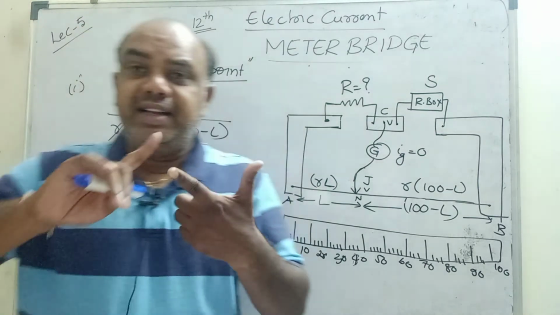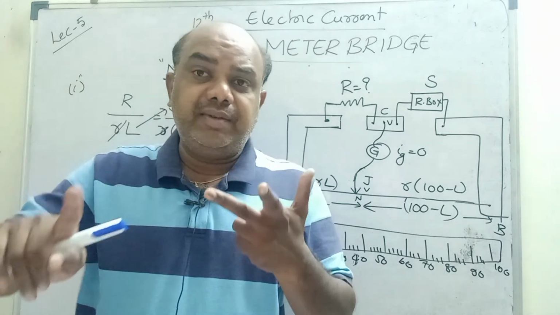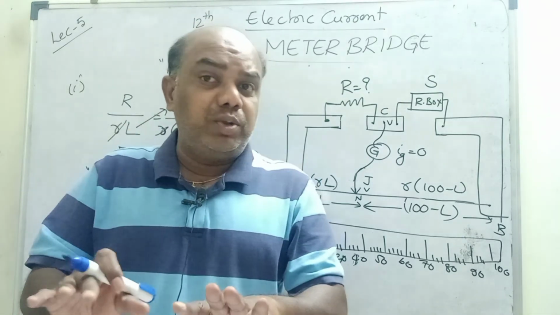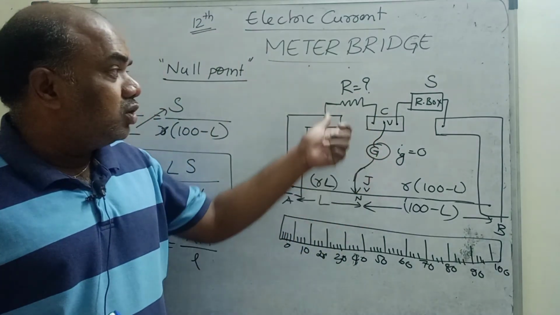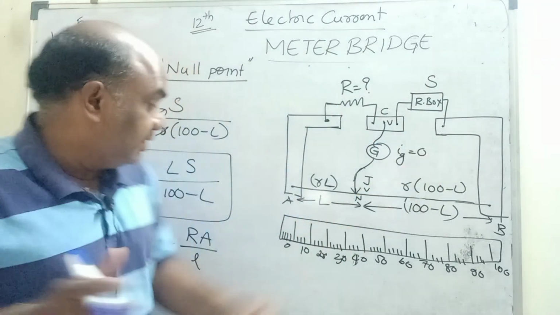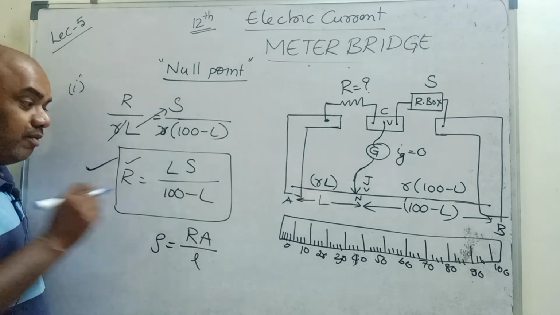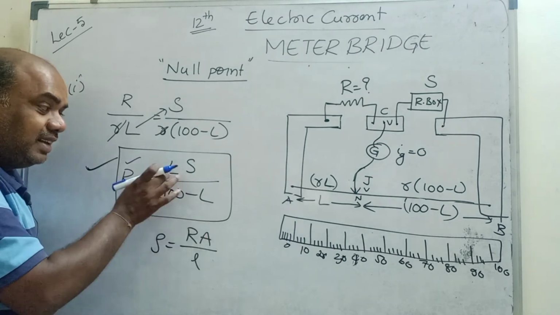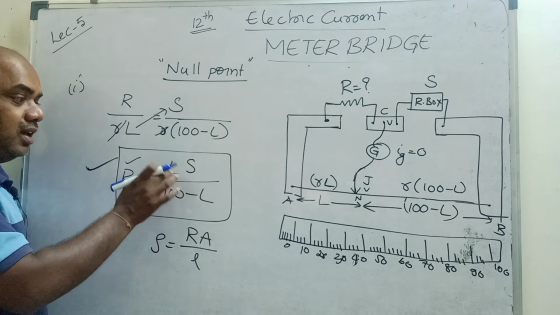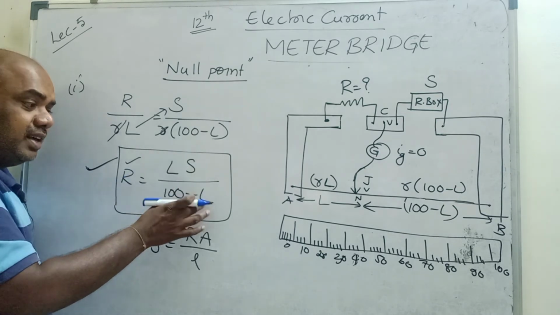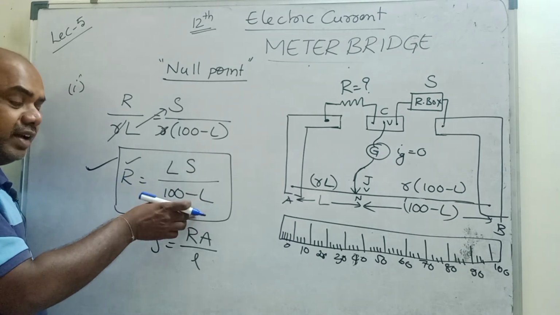That means you can find the resistance, you can find the resistivity, as well as you can prove the laws of resistance. You can also observe that if length increases, resistance also increases. Why? Because 100 minus L is less than L. L is in the numerator. Let us consider L is 5 centimeter; here 100 minus L is 95, which is in the denominator.